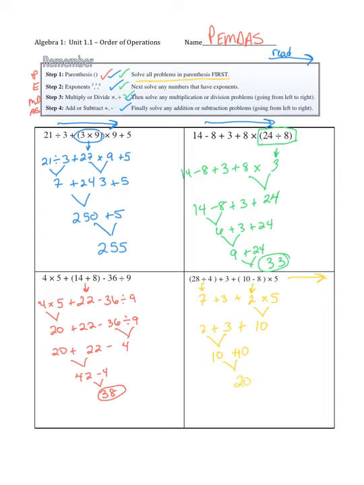So step 1, the left parentheses. Step 1.5 is the next parentheses. Those are done first. Then what I do is I just write the rest of the equation. All right, that is it. That's one page of notes on order of operations. Go ahead and practice that.